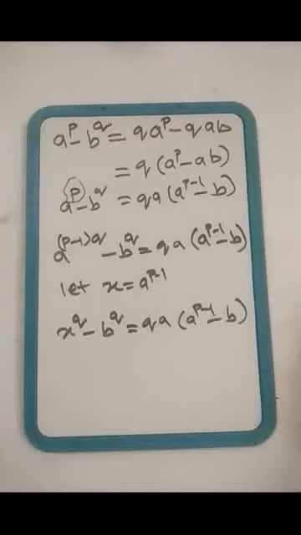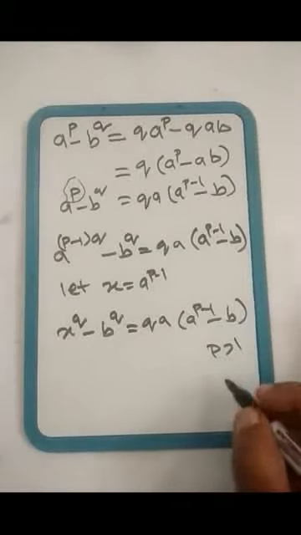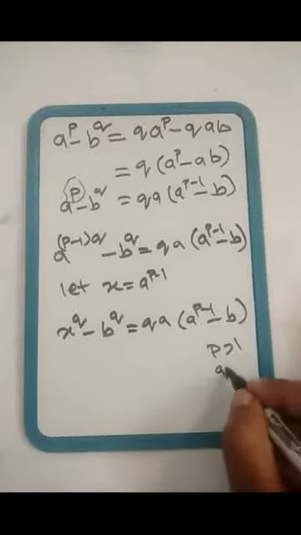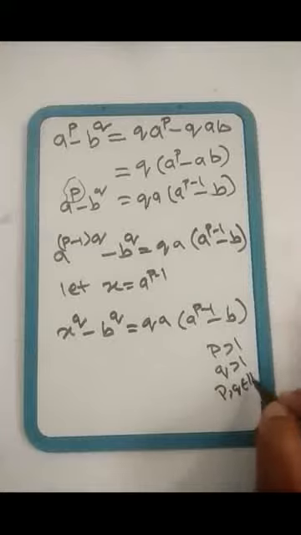Because this is true for all p and q, p greater than 1 and q greater than 1, and p and q are real numbers.